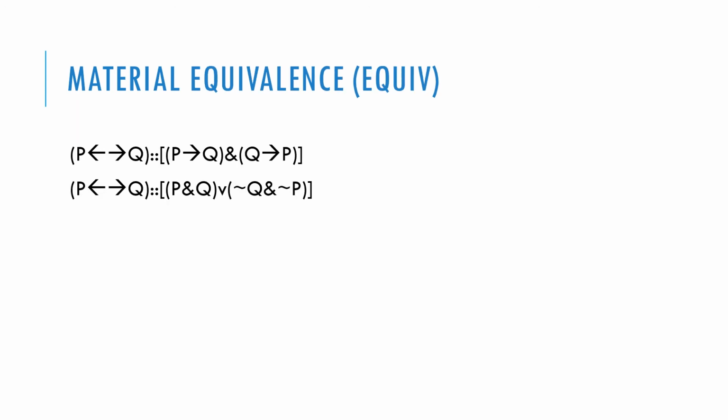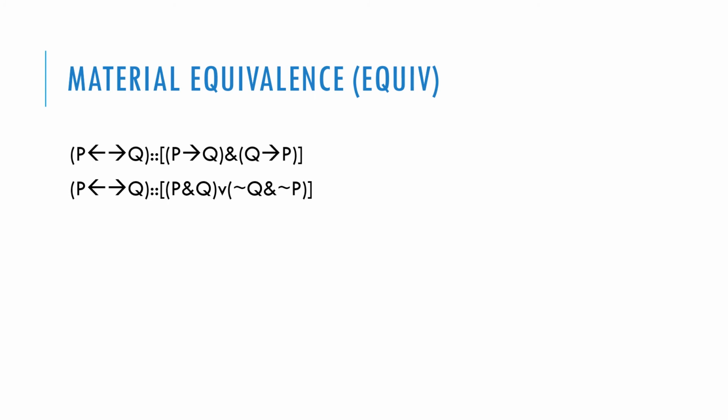Next is the material equivalence. P if and only if Q means if P then Q and if Q then P. Remember, the double-sided arrow means that both P and Q are necessary and sufficient for one another. So it can be written in both ways.